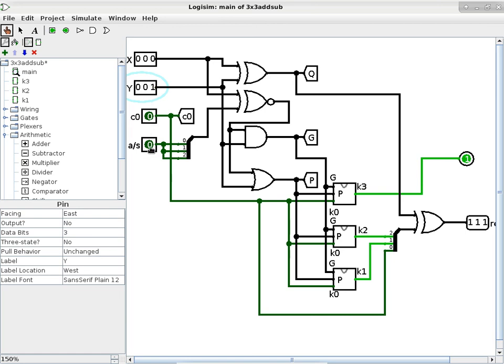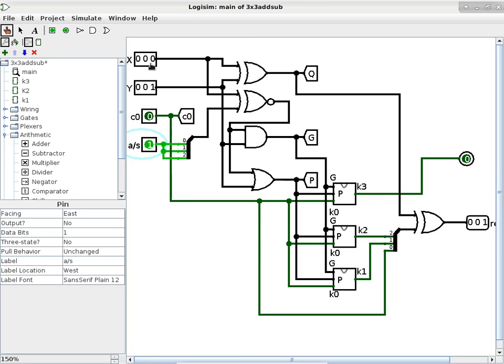Okay, so let's try something that will have a carry. Let's flip the subtraction to addition, because that's one of the nice things about this circuit: I can change one bit, and it goes from a subtractor to an adder. So we are now adding. Is the result correct? I'm adding 0, 0, 0 to 0, 0, 1 with a carry in of 0, and the output is 0, 0, 1 with no overall carry. That seems right.